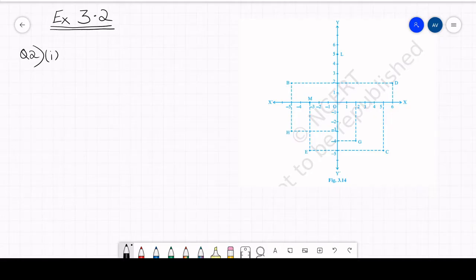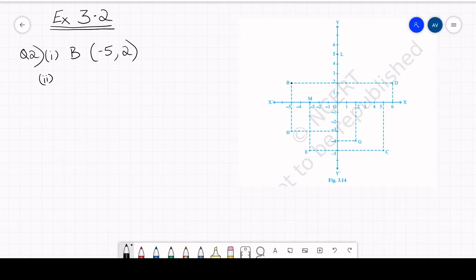The first part is asking us to find the coordinates of the point B, and we can see that the point B out here will have an x coordinate of -5, since it is 5 units to the left of the y-axis, and it will have a y coordinate of +2, since it's 2 units above the x-axis. Solution over here is -5, 2.